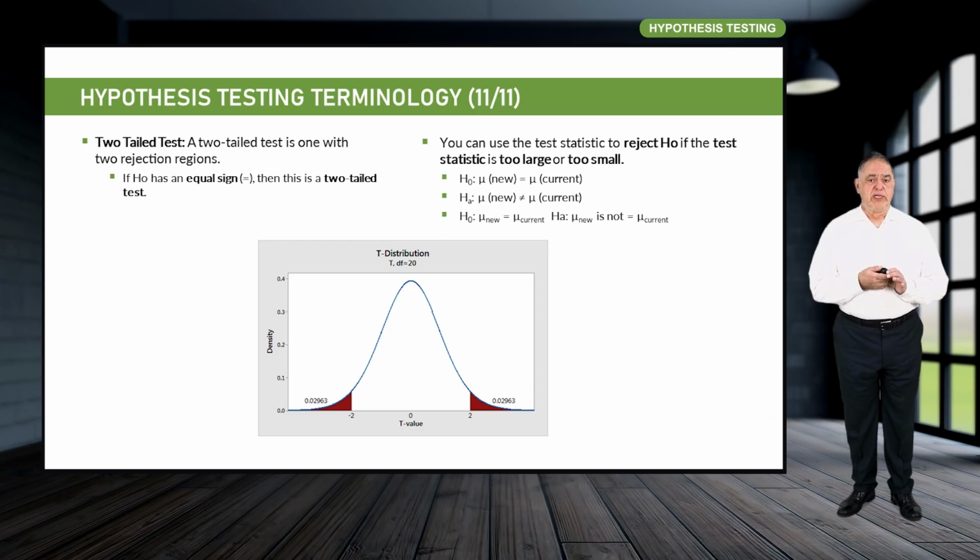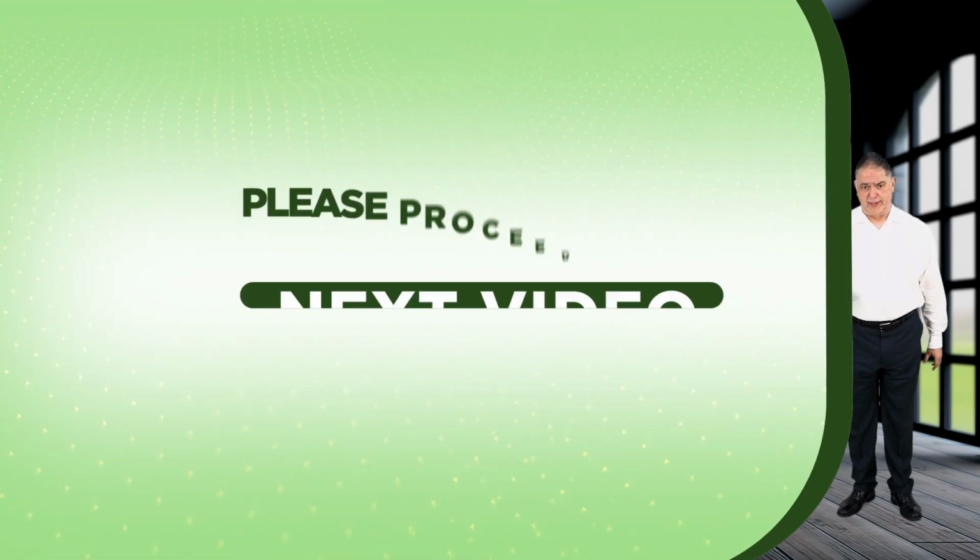We can use the test statistic in order to reject the null hypothesis if the test statistic is either too large or too small. In other words, if it falls into one of the regions highlighted in red. So this concludes all the basic terminology associated with hypothesis testing.